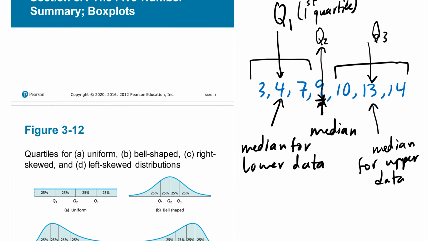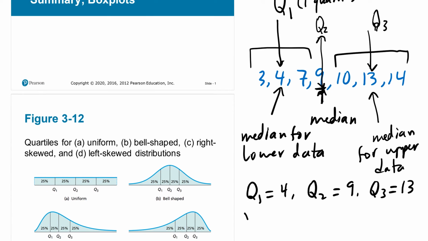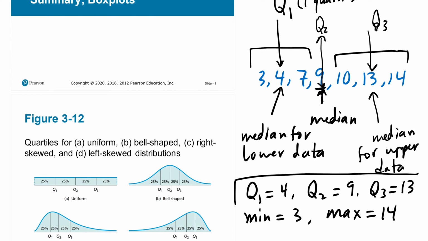So here we got Q1 to be 4, Q2 to be 9, and Q3 to be 13. Now the minimum value we have is 3, and the maximum is 14. Those are what we call the 5-number summary.